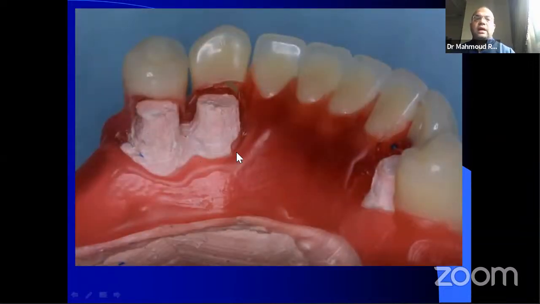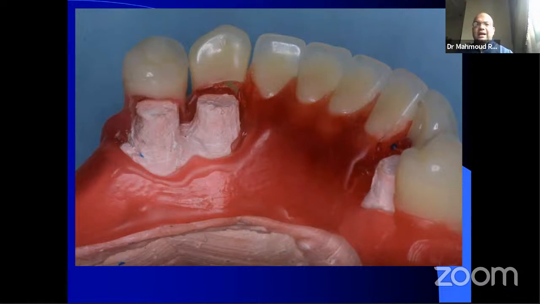Here, we took our impression by using the metal housing in order to give us an idea about the position of the attachment inside the patient's mouth, so we can set the artificial teeth in relation to the height and the dimensions of the attachment without making the teeth more tipped anteriorly or more over-erupted.